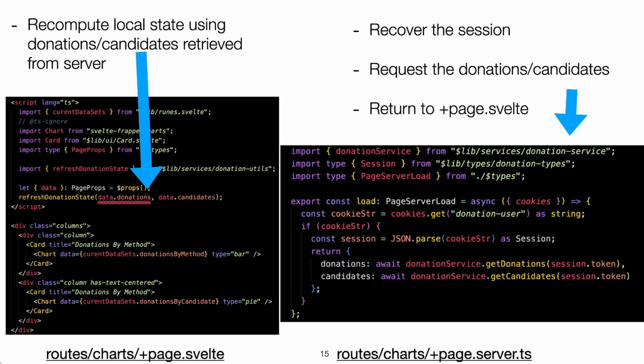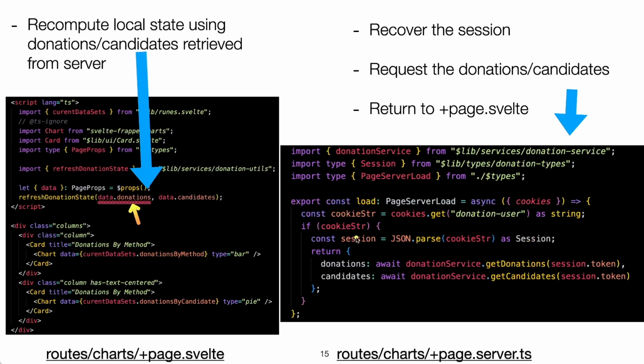In here, so for instance, in the charts page, our page.server.ts could be doing what we've just spoken about, recovering the session, and then we are doing refresh donation state back out in the client. So we're calculating here the donations by value and donations by method, for instance.